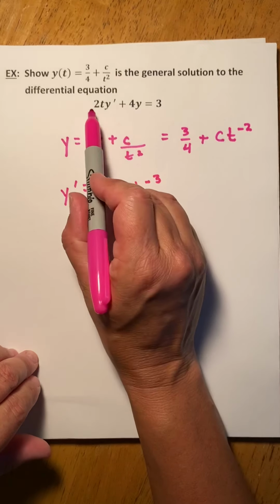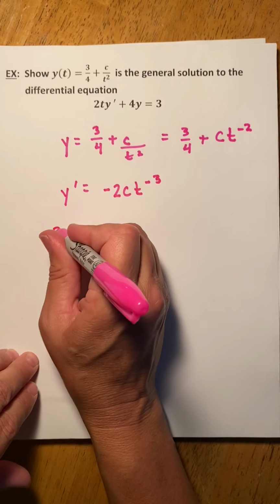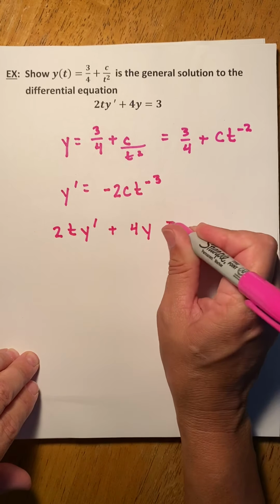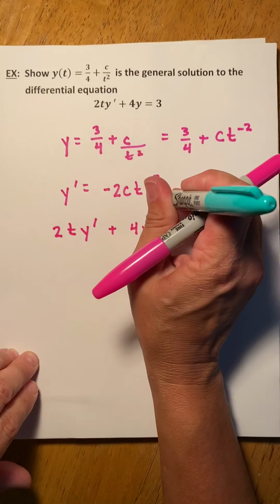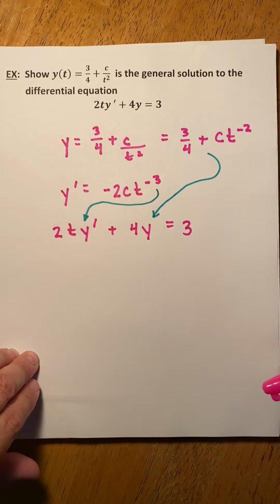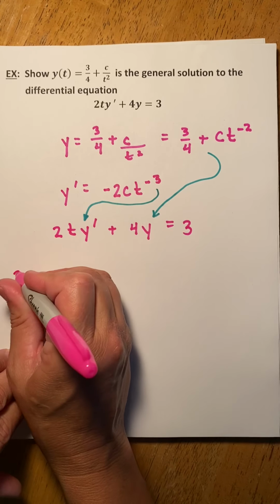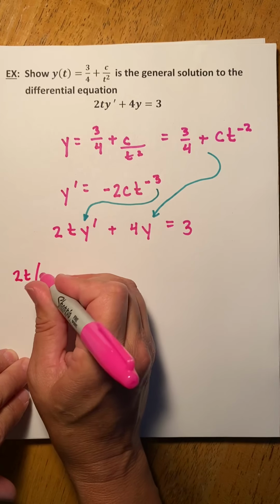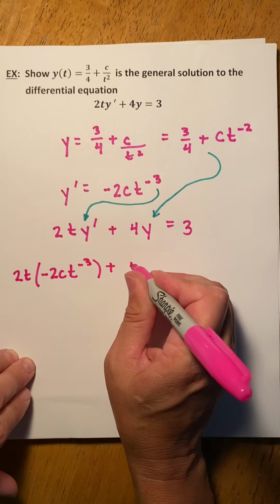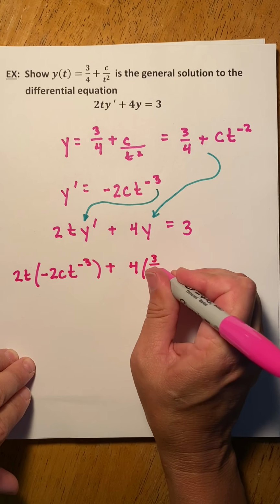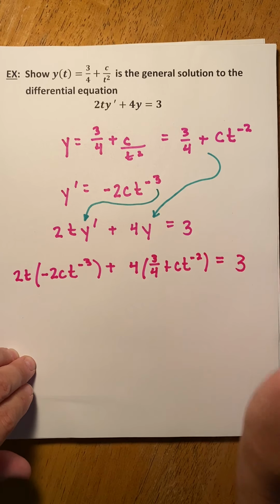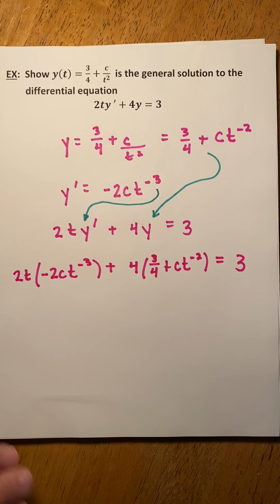Right? So now we want to show that it satisfies this equation. So 2t y prime plus 4y equals 3. We're going to put y prime in here, and we're going to put y in here, and let's see what happens. We get 2t times y prime, which is negative 2ct to the negative 3, plus 4 times 3/4 plus ct to the negative 2. And we want to show that equals 3. So we want to do all the math out.